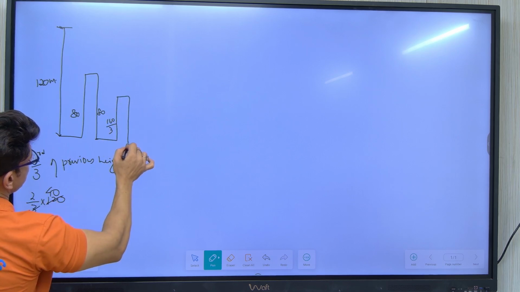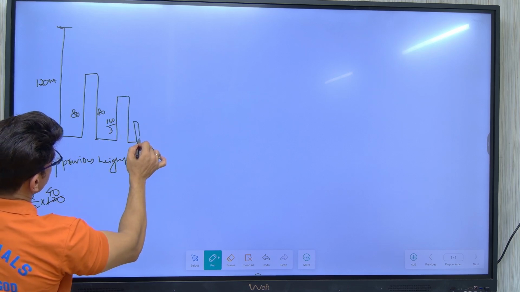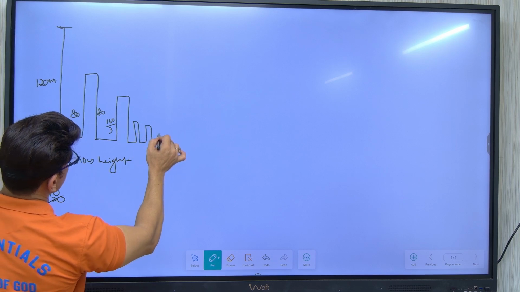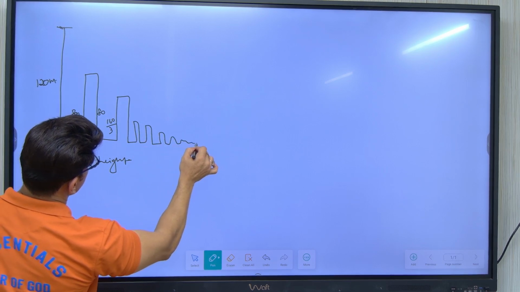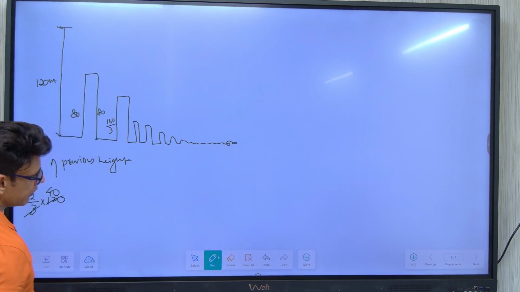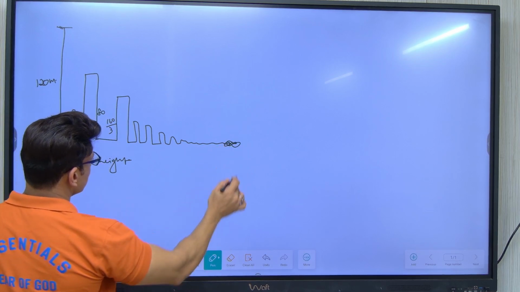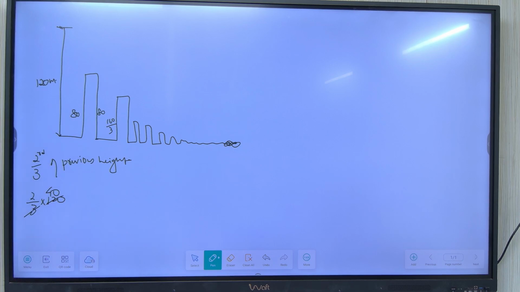Right? Comes down, goes up, comes down, goes up, comes down, goes up, comes down, goes up to infinity. Find the sum of all vertical distances. Vertical means ये plus ये plus ये plus ये जितने भी total distances हैं vertical distance, उसका सबका sum निकालना. The total distance traveled by the ball.